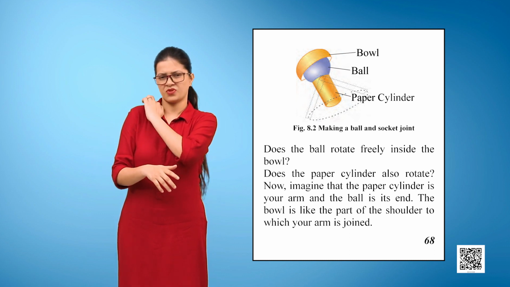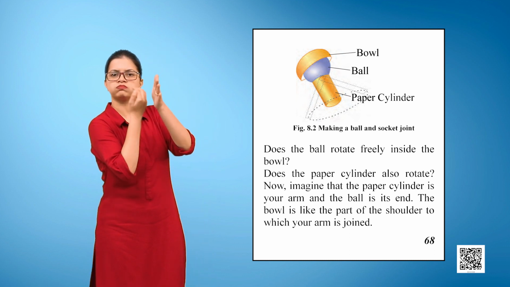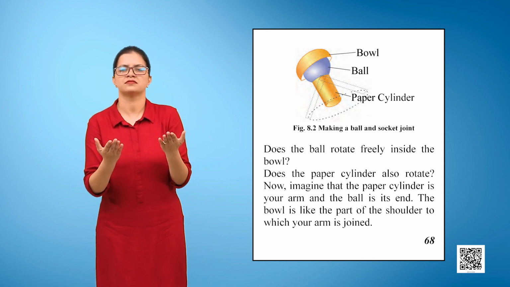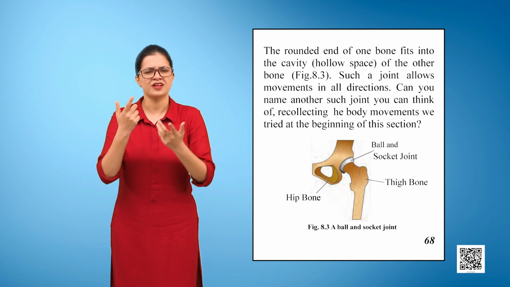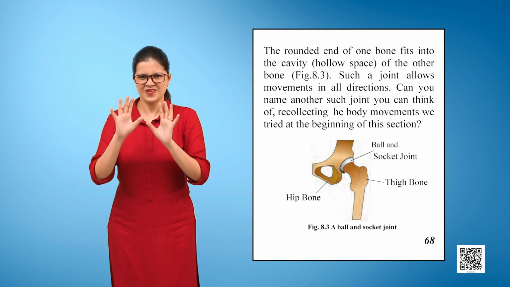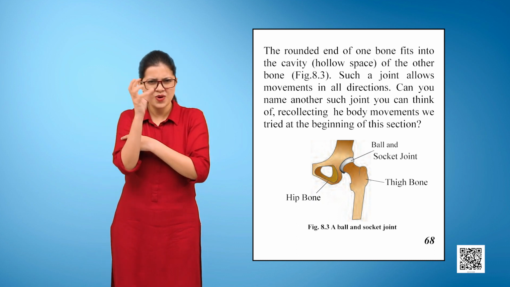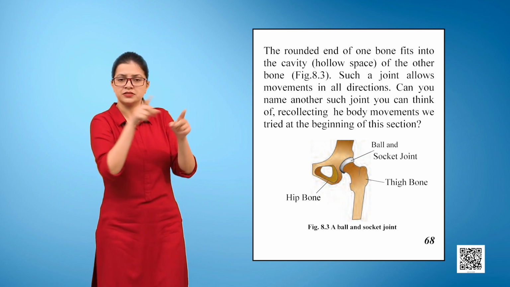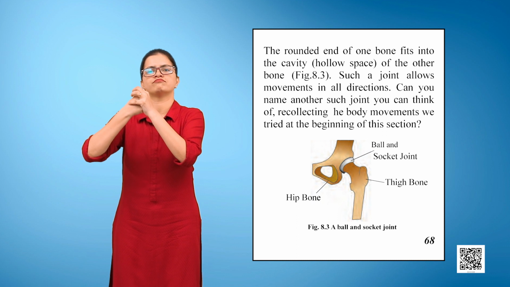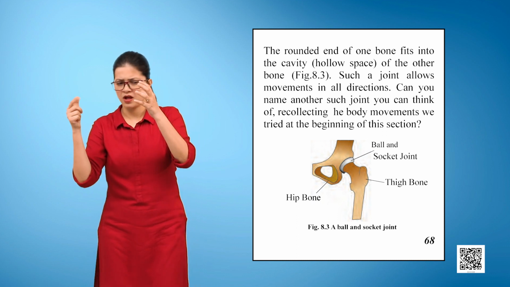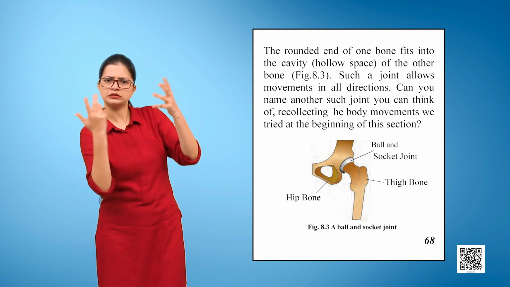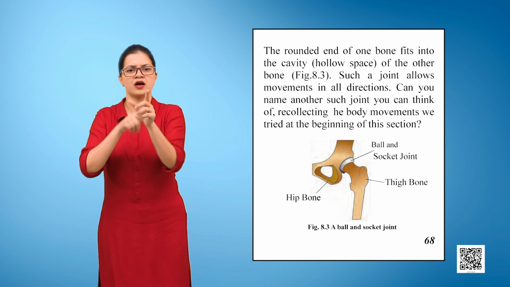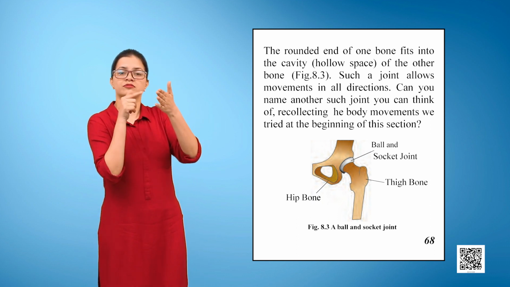The bowl is like the part of the shoulder to which your arm is joined. The rounded end of one bone fits into the cavity, hollow space of the other bone.